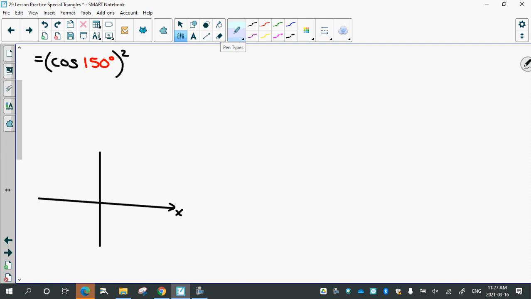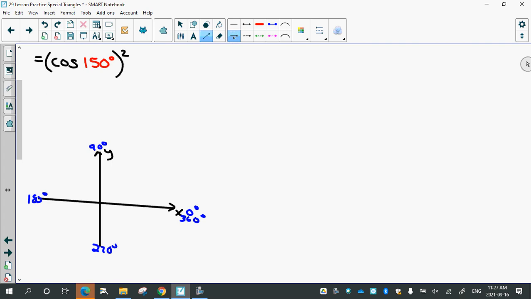So there's my x-axis and my y-axis. I don't need it to be exactly 150. It should be in the second quadrant closer to the x-axis, so like that-ish.